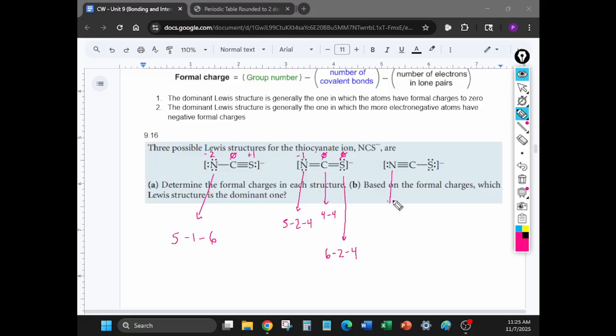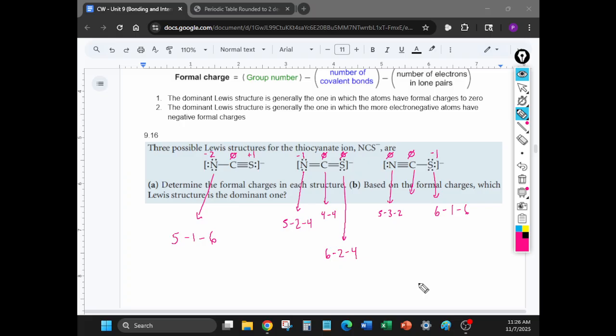Lastly, we have the nitrogen right here, 5 minus 3 minus 2, it's going to be 0. Carbon right here is the same thing, so I'm not even going to write it, it's 0. And then the sulfur right here will be 6 minus 1 minus 6, that'll be -1. Okay, so those are your formal charges.